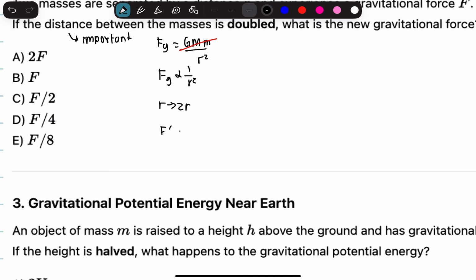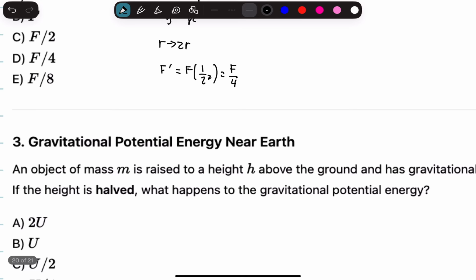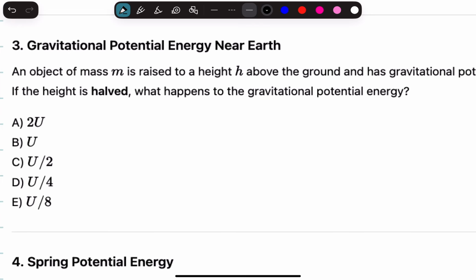You have F is equal to F times 1 over 2 squared. So that's going to equal F over 4. So essentially what you're doing is you just plug in 2 for r and you just solve. So let's do 3.